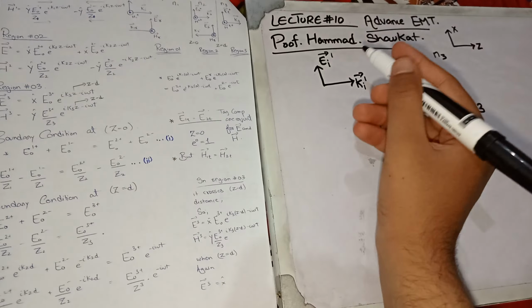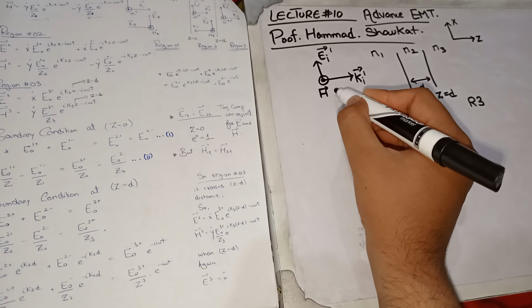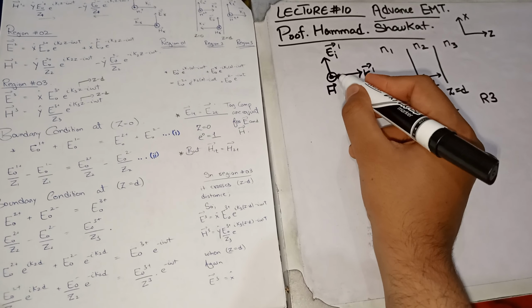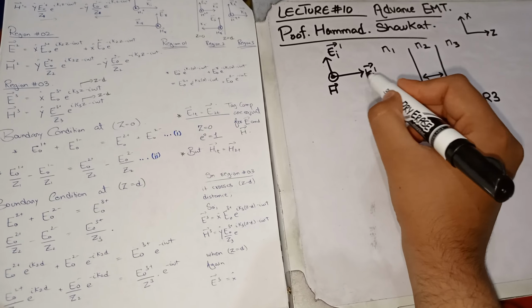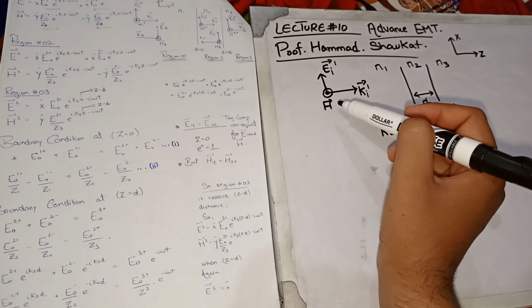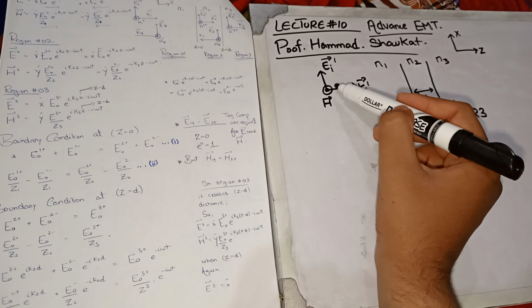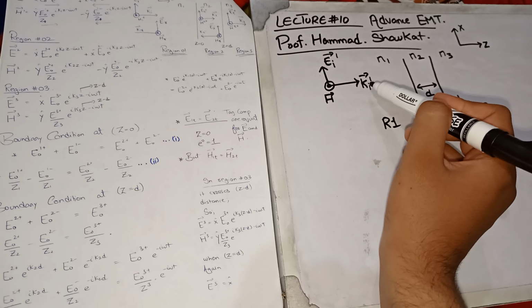For out of the page we denote it by a dot sign. This is the direction of the magnetic field, in the y direction. Why the y direction? Because the wave propagation is in the z direction and the electric field is in the x direction, so the magnetic field must be in the y direction, since the electric field, magnetic field, and wave propagation are always perpendicular to each other.